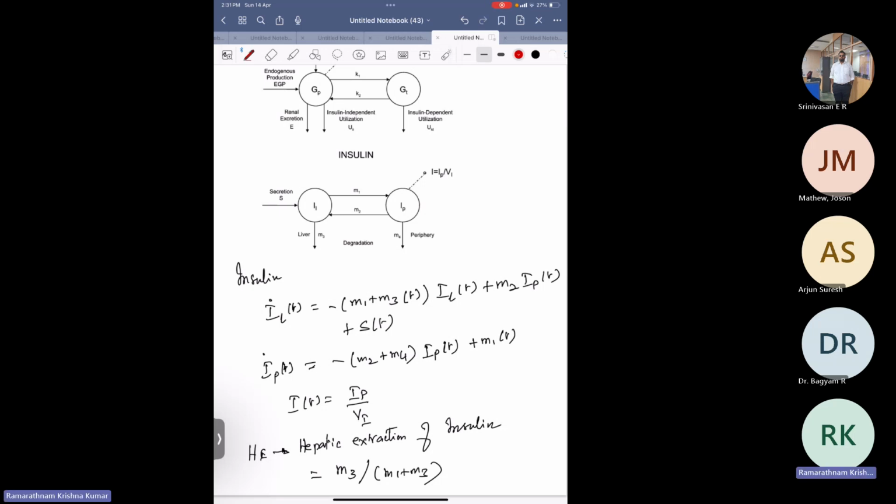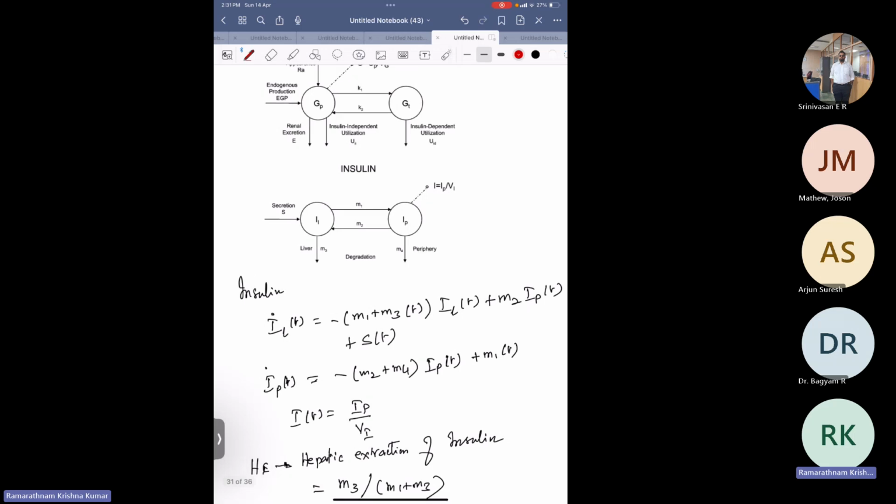So we are talking about insulin in the liver. This is liver. Now, M1 is the one which takes insulin produced in the liver to plasma. So I'm measuring plasma insulin, right?